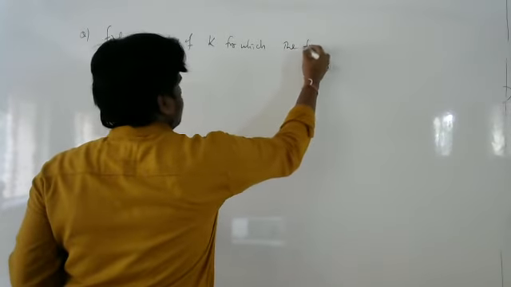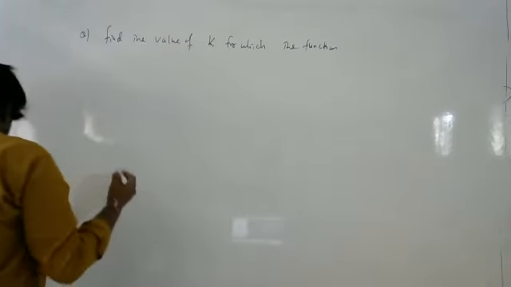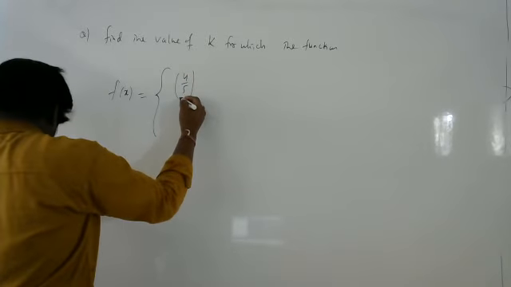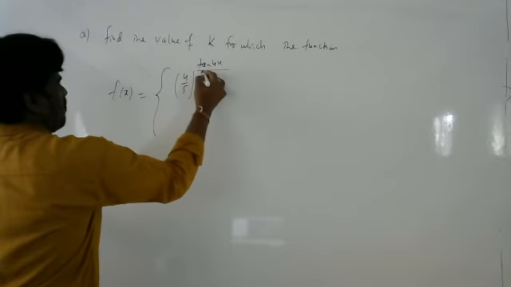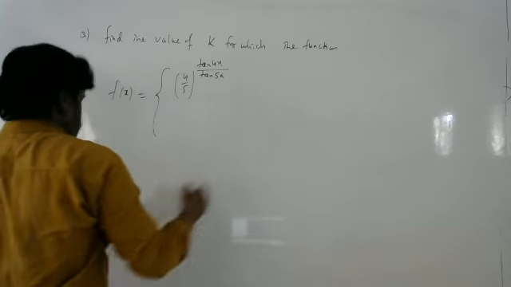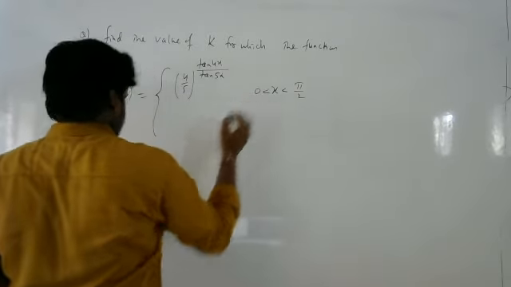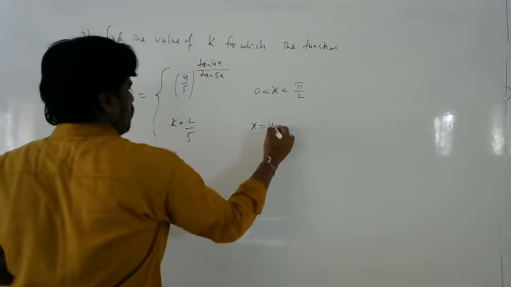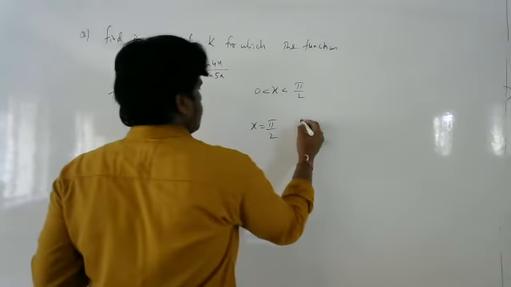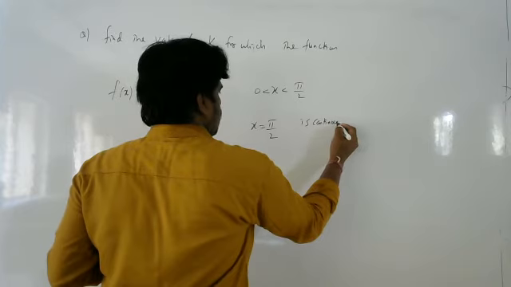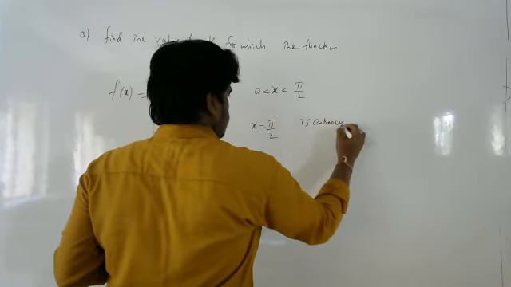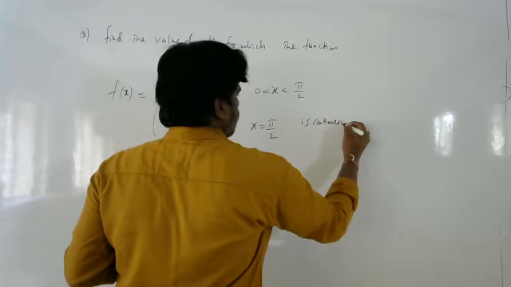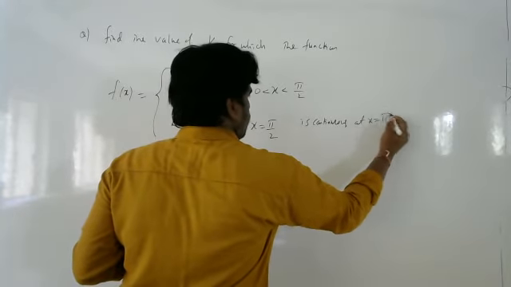the function f of x is equal to (4 by 5) to the power of tan 4x by tan 5x when x is between pi by 2 and 0, and k plus 2 by 5 when x is equal to pi by 2, is continuous at x is equal to pi by 2.